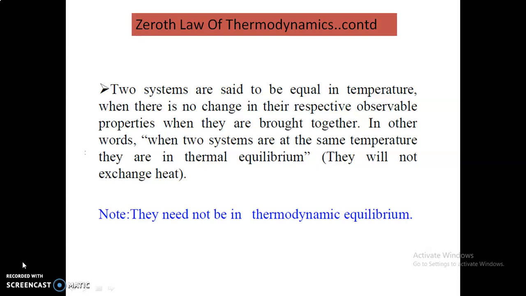So, what is the zeroth law? The zeroth law is the basis which is used for temperature measurement. What is the statement of the zeroth law? Two systems are said to be equal in temperature when there is no change in their respective observable properties when they are brought together. In other words, when two systems are at the same temperature, they are in thermal equilibrium.